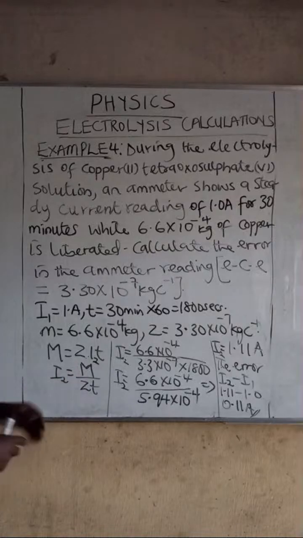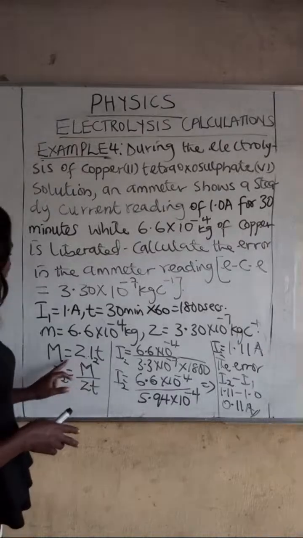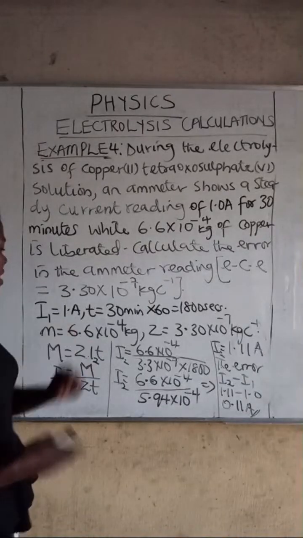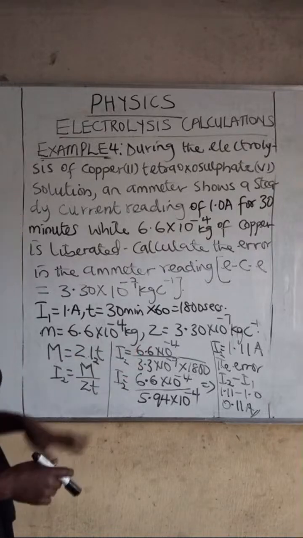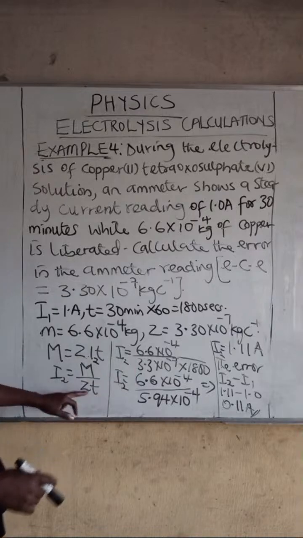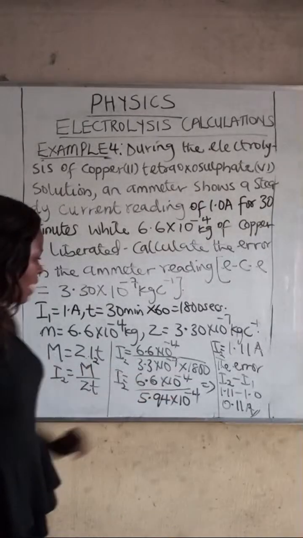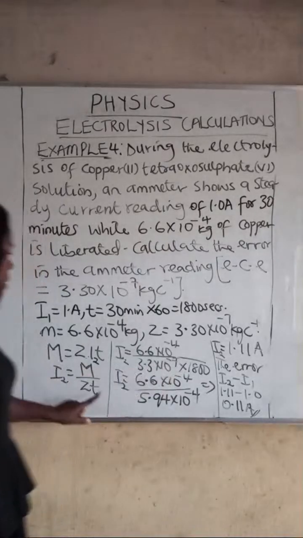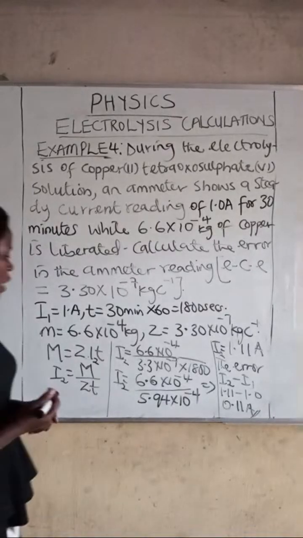Right? Now, substituting into what I have. My M given is 6.6 times 10 to the power minus 4. So I have it divided by my Z, which is 3.3 times 10 to the power minus 7, then times my time, which I got to be 1,800. All right.